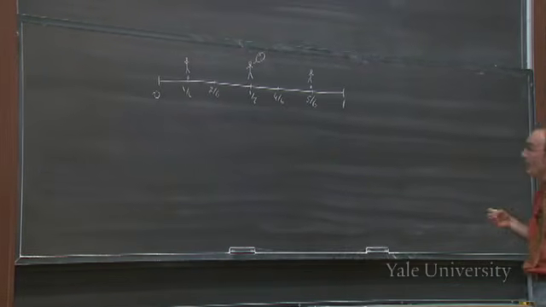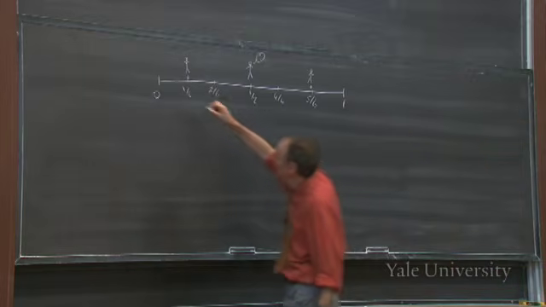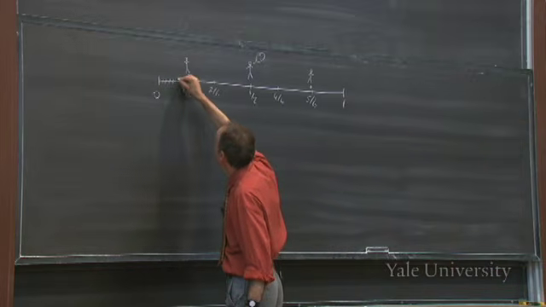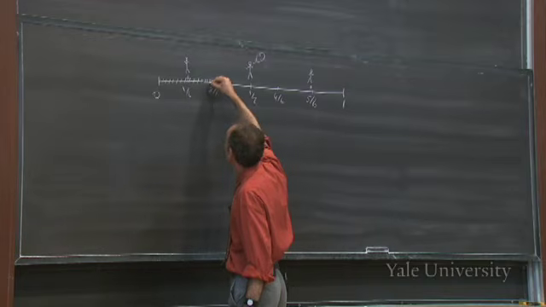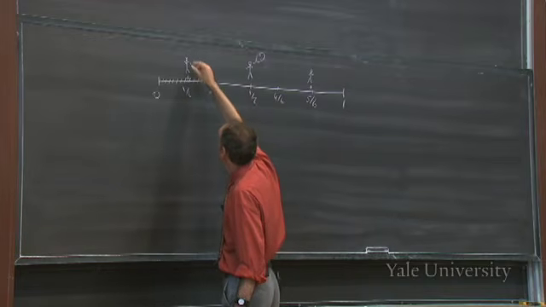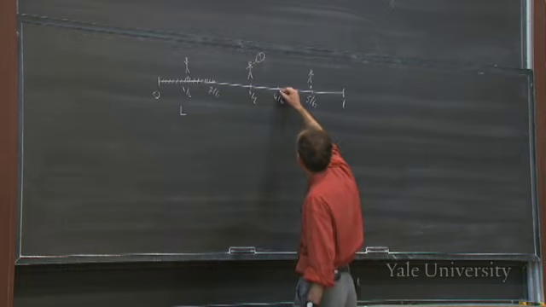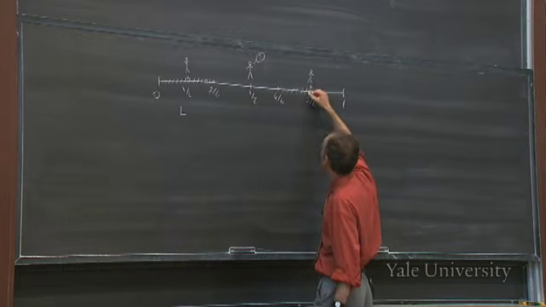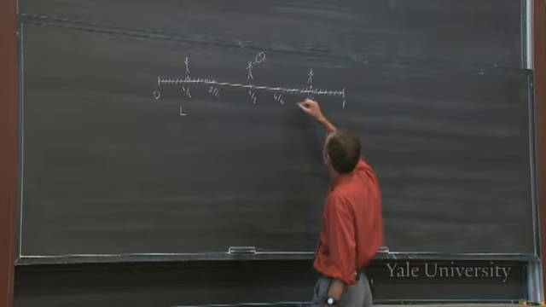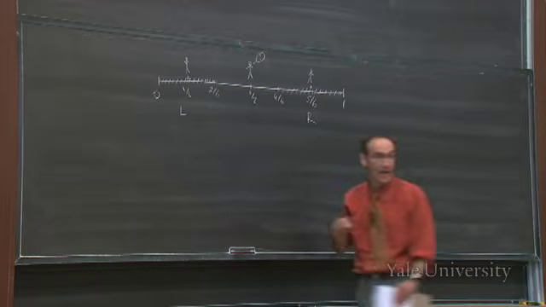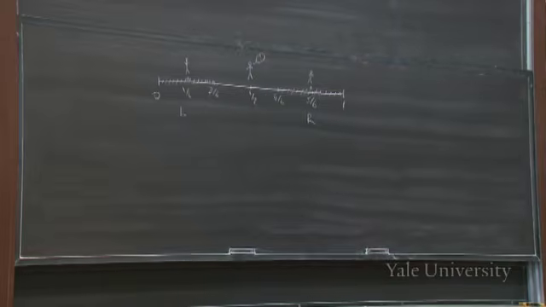Well, let's look at what would have happened. All of these voters are going to vote for our left-wing candidate. All of these voters are going to vote for the right-wing candidate. They're all closest to the right-wing candidate.